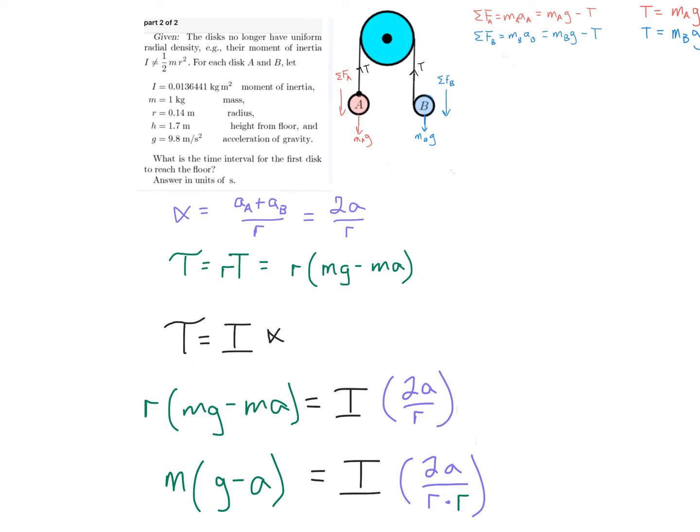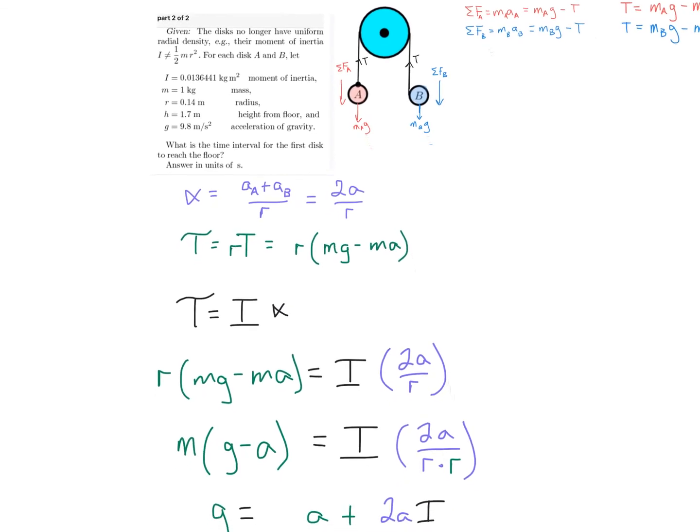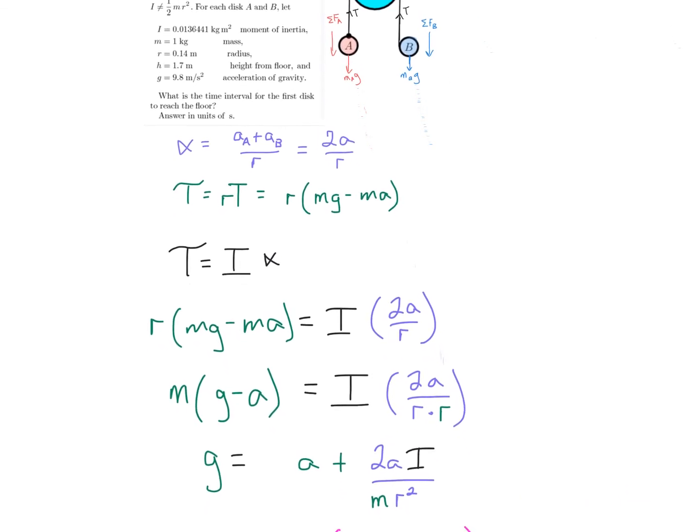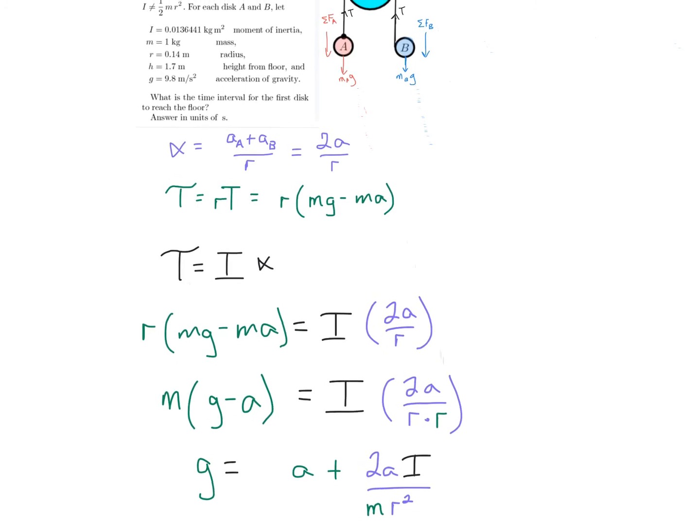So that just leaves me with g minus a. And I could also move mass over. It can go hang out with the R. So that will give me g minus a is equal to I times 2a over m times r squared.